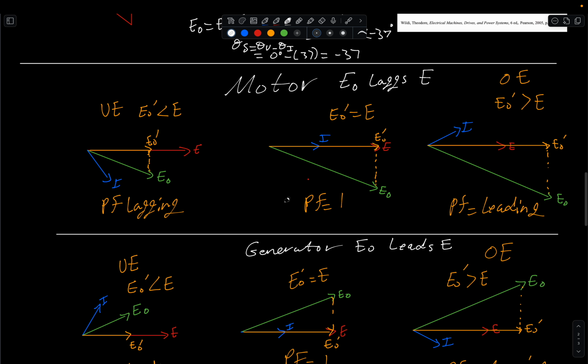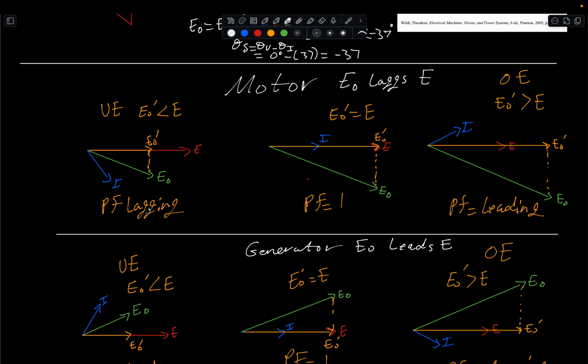If the generator is underexcited, then the power factor is leading. But if a motor is underexcited, then the power factor is lagging, the opposite of each other.